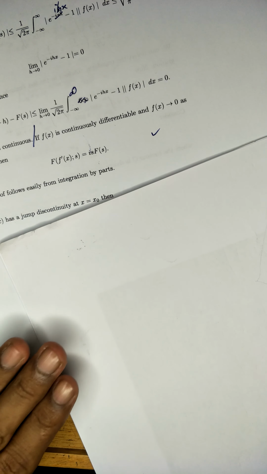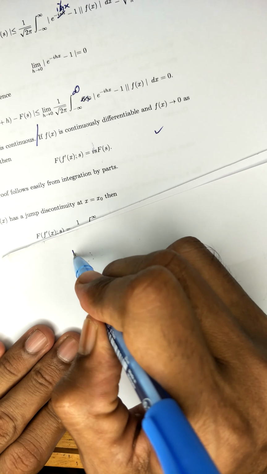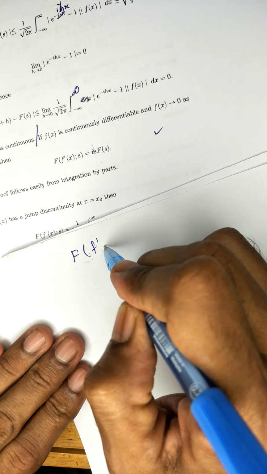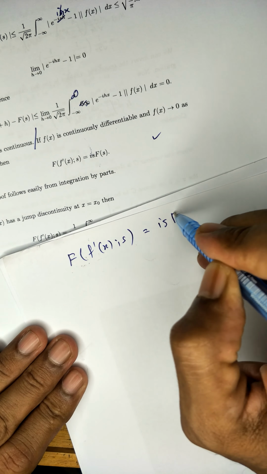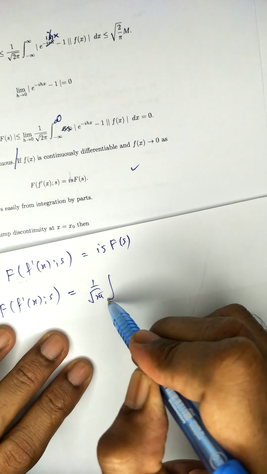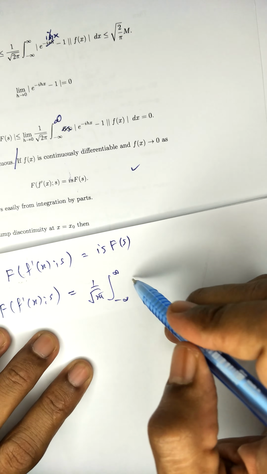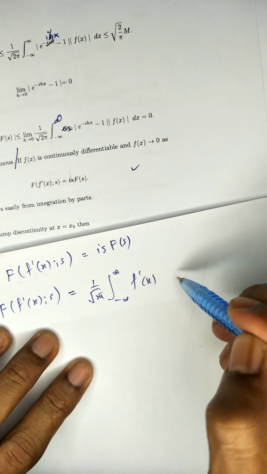We want to prove that the transform of f prime is equal to i s F(s). If you use the definition of the Fourier transform, this is just 1 over root 2 pi, integral from minus infinity to infinity of f prime(x) e to the minus i s x dx.